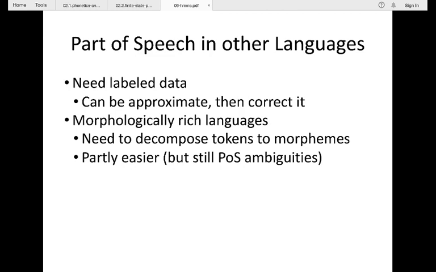Morphologically rich means you have more prefixes and suffixes than average in a language. Well, if people really mean you have more prefixes and suffixes than English, which is most languages, except Chinese. Okay.